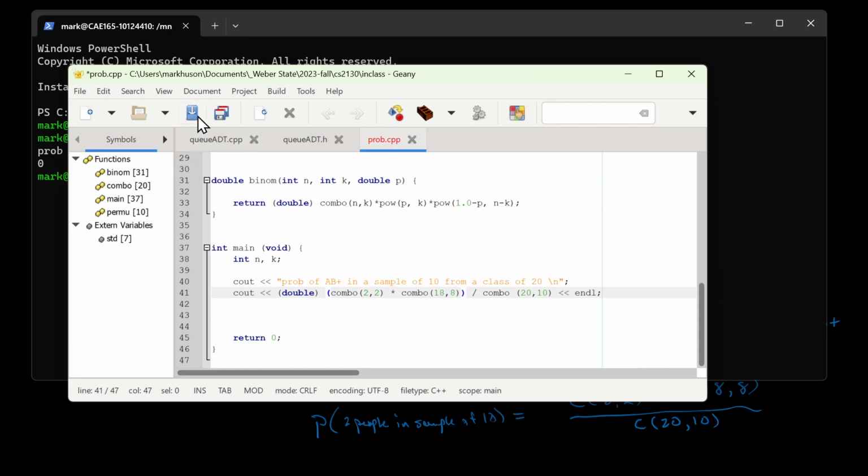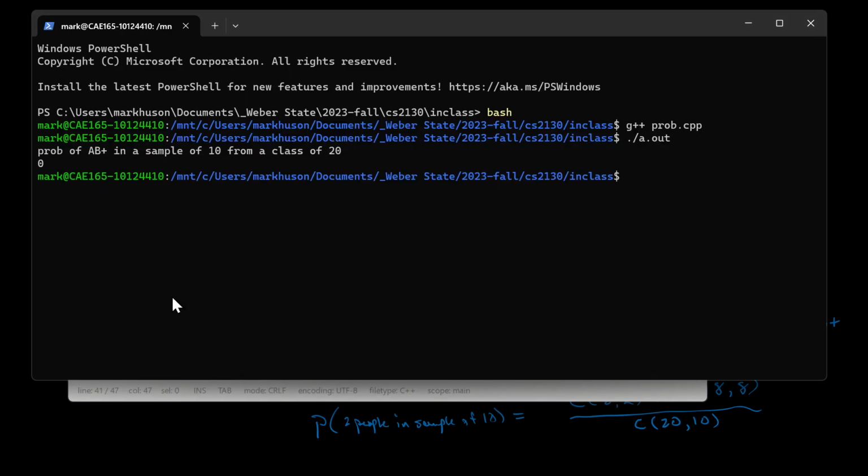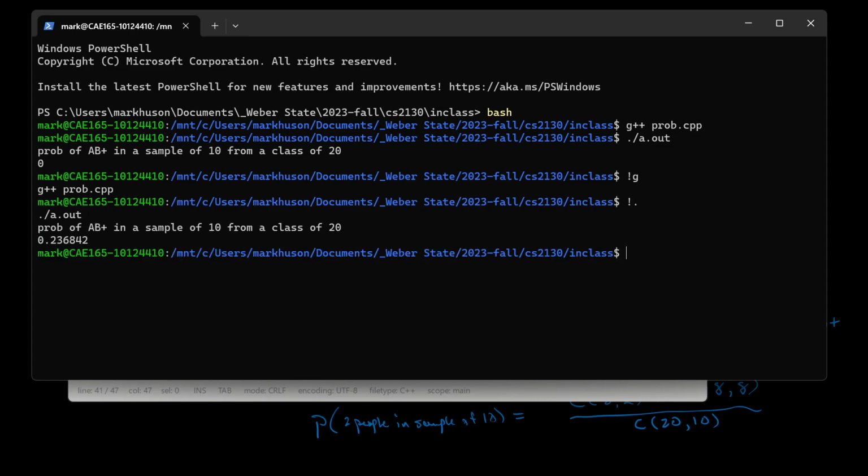And that should solve my issue. There we go. So I've got about a 24% chance. So about a quarter of the time I'm going to get both the people that have AB positive blood. So even though they're only 10% of my entire class, if I take half my class, they're now 20% of the people. It kind of makes sense about that number.